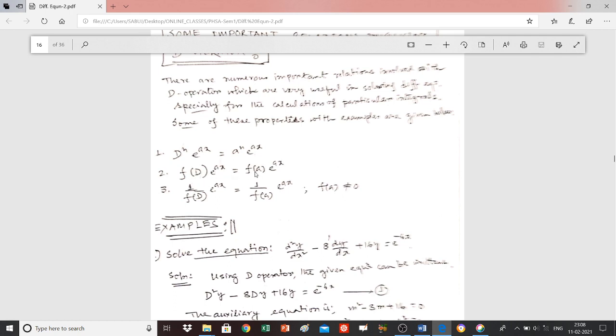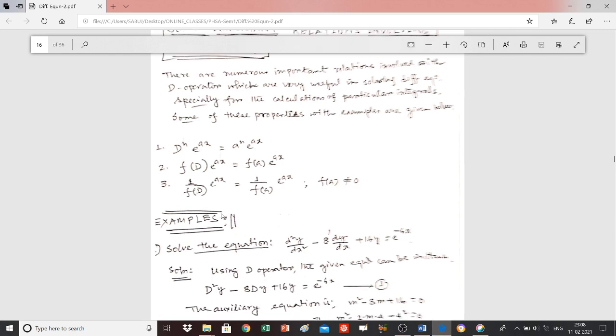In this way 1 by f(D) e to the power ax can be written as 1 by f(a) e to the power ax. Obviously, the condition that should be obeyed in this case is f(a) not equal to 0. If f(a) is equal to 0, then this relation should not be used.